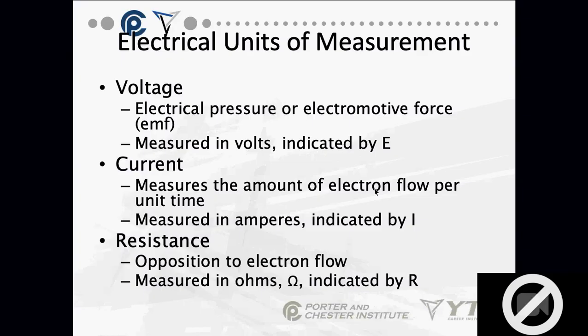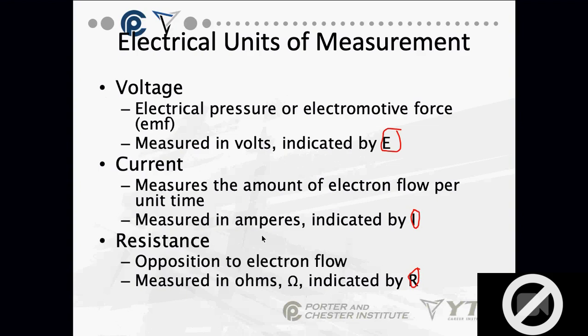We have to worry about current. Current is known as amperage on your meters. It measures the amount of electron flow per unit of time. It's measured in amperage. And just understand, for some reason, there are also letters designated to all of these. We'll get into the some reason in a minute.